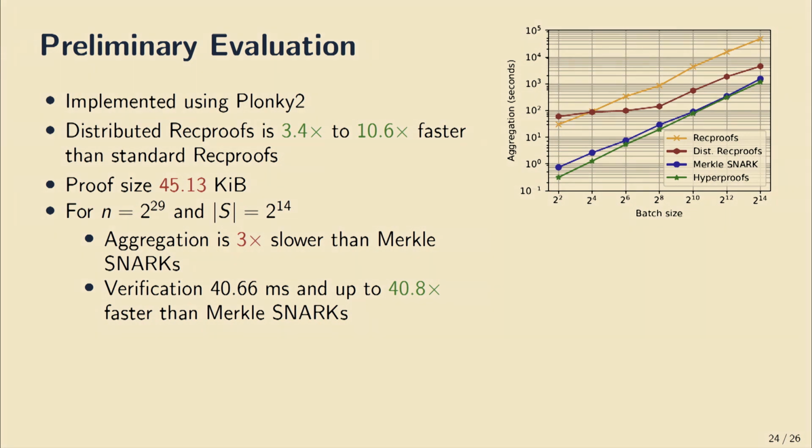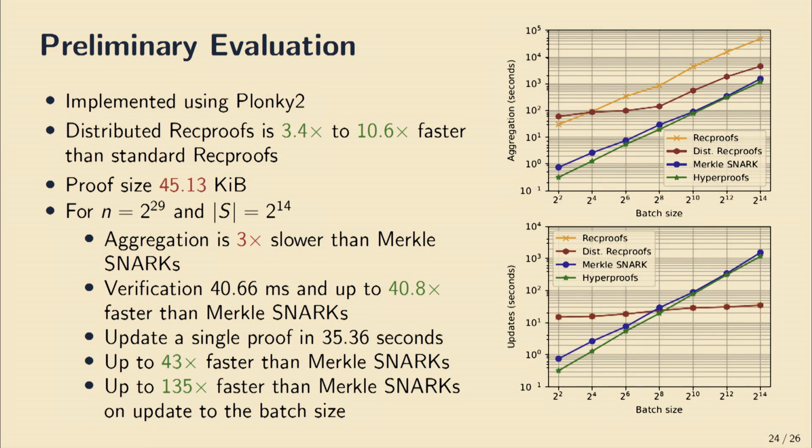It just computes this hash accumulator outside of the SNARK. And the update of a single proof is 35 seconds, 53 times faster than Merkle SNARKs, and 135 times faster than Merkle SNARKs whenever the batch size changes, because then you have to run a new trusted setup.